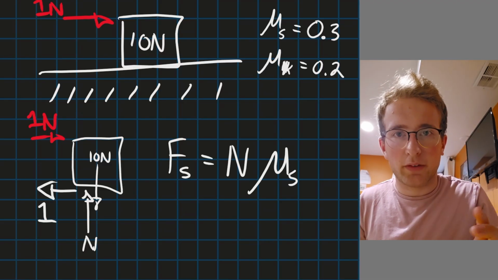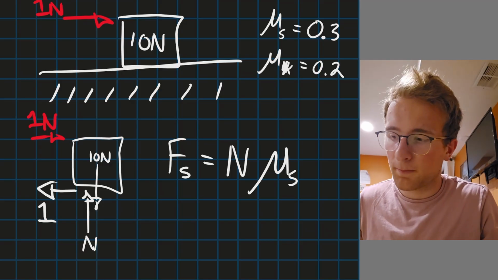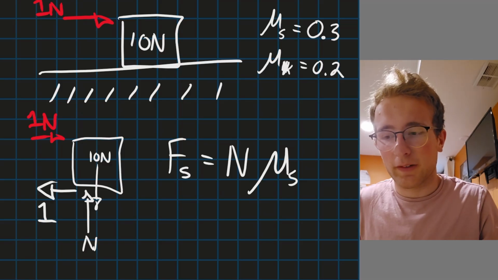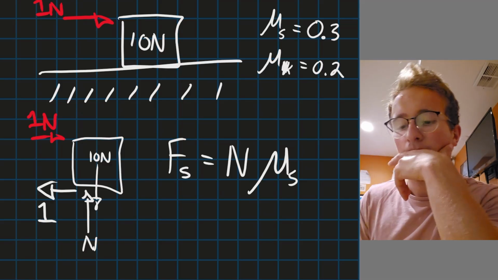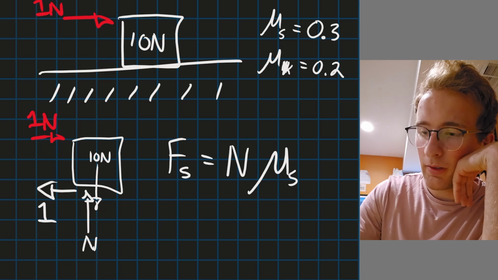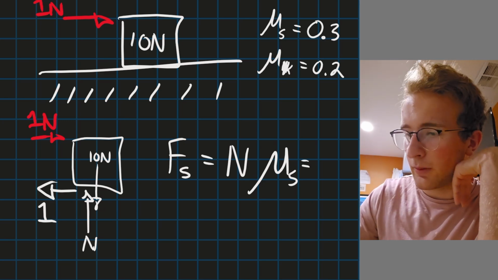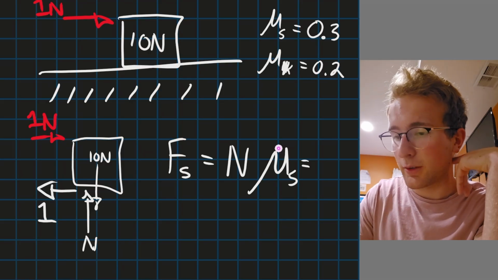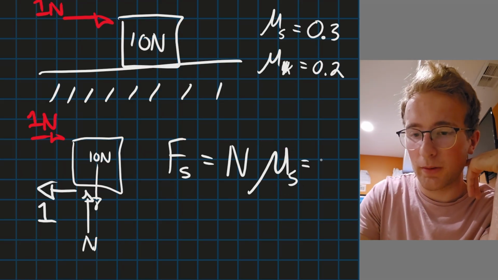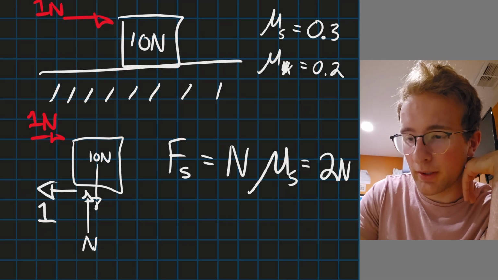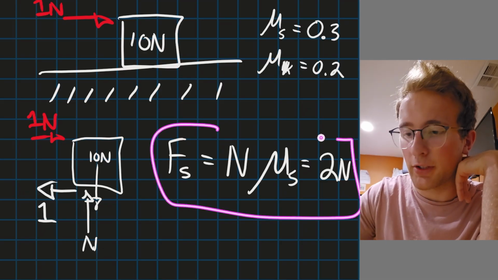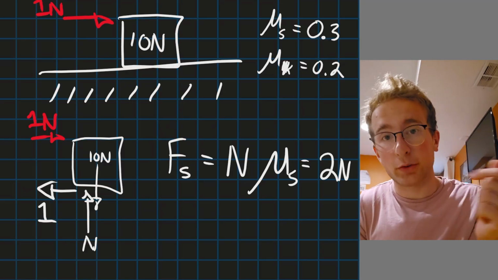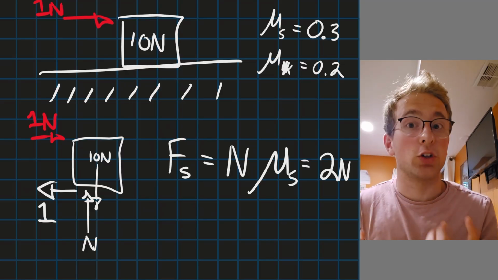N is the normal force acting on the object, the force normal to the object surface. So from summing the forces in the y direction, N is 10 clearly. Coefficient of static friction is 0.2. So the maximum amount of static friction is 2. Maximum. Okay, it doesn't mean there is 2 newtons of friction. It just means there could be.